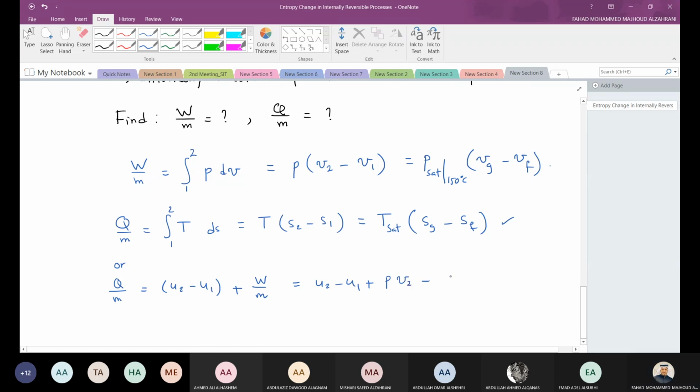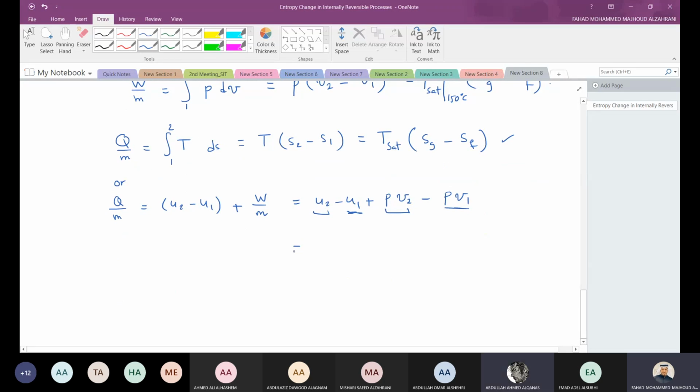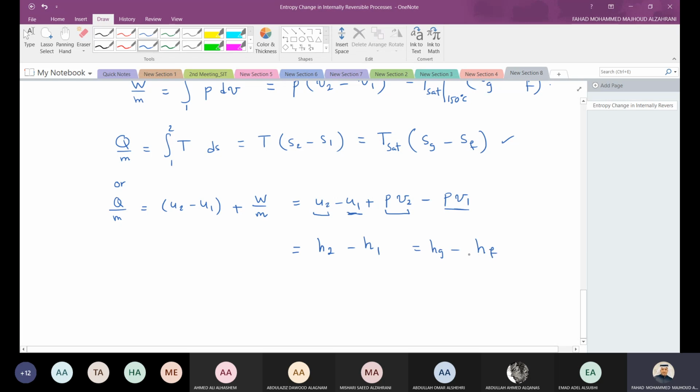Minus P v1. What is this, guys? This one here is u1, and this one here. What is this? u plus Pv. Exactly. So this is actually eventually equals h2 minus h1, which is hg minus hf at 150 degrees.